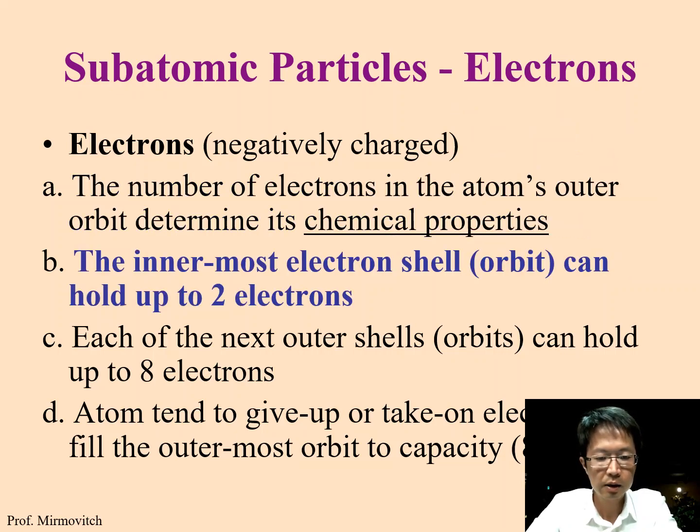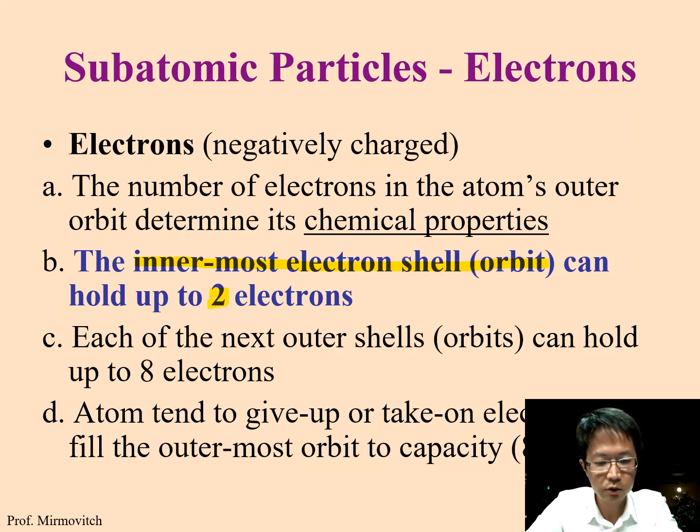And then you have a nucleus in the center, and then the electron shell or the electron orbit that surrounds this nucleus. You can call it the first orbit, the first electron shell, or the innermost electron shell or orbit. It can only hold 2 electrons.